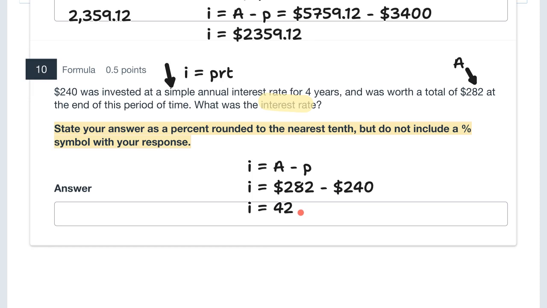Then we use the I equals PRT formula. So that 42 is equal to the original 240 times the rate times the time of 4 years.